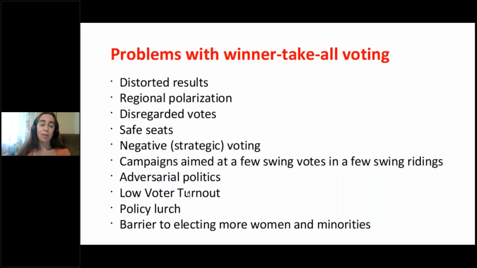Policy lurch. This is a huge problem where a government spends a lot of time and money getting us into one policy direction, and then the next government comes in and entirely reverses that, cancels all those programs, undoes all that, and then 4 years later we're around in the same circle. So that's a lot of waste of taxpayers' money.